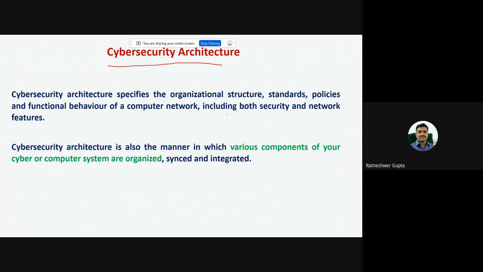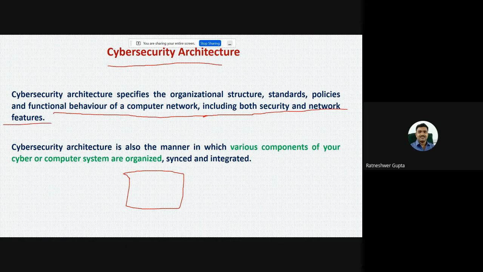When we go for any type of cyber security feature, it has network features, and there is software that is going to be used with those network features. So if we say cyber security architecture, we have to specify the behavior of a computer network, including both the security aspect and the network features.